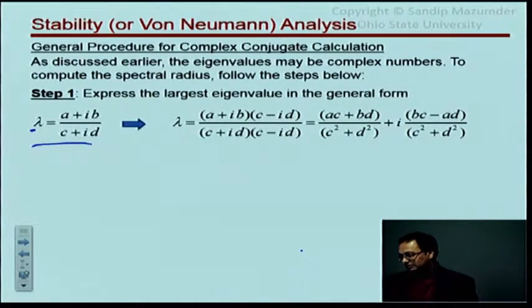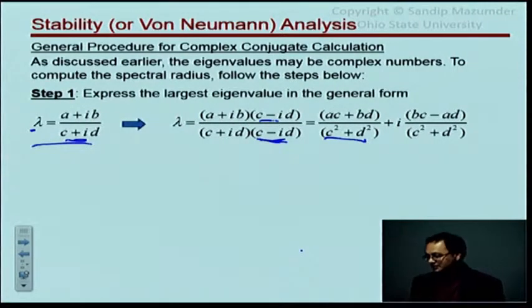When you do that, the complex conjugate can be calculated in this way. To calculate the magnitude, you multiply numerator and denominator by c minus id. So basically you try to get rid of the i in the denominator. The denominator becomes c squared plus d squared, and the numerator becomes something else.